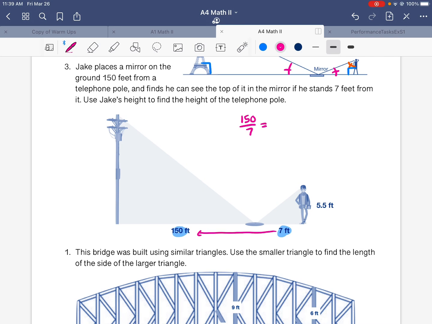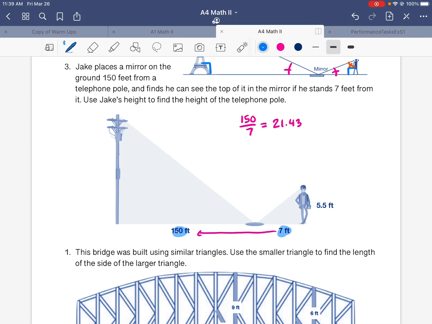I believe that gives you, sorry, I need to grab a calculator. 150 divided by 7 is 21.43-ish.